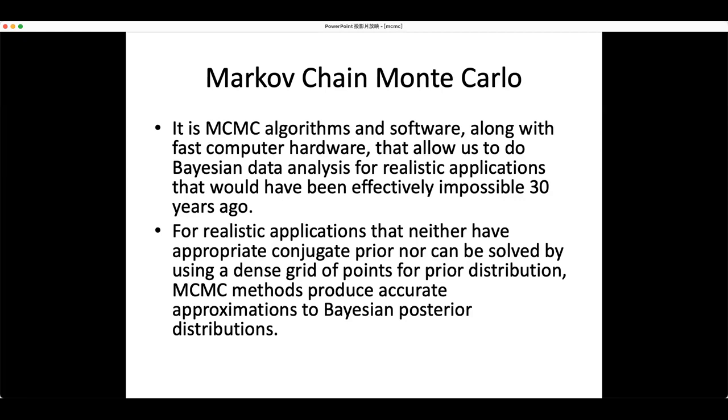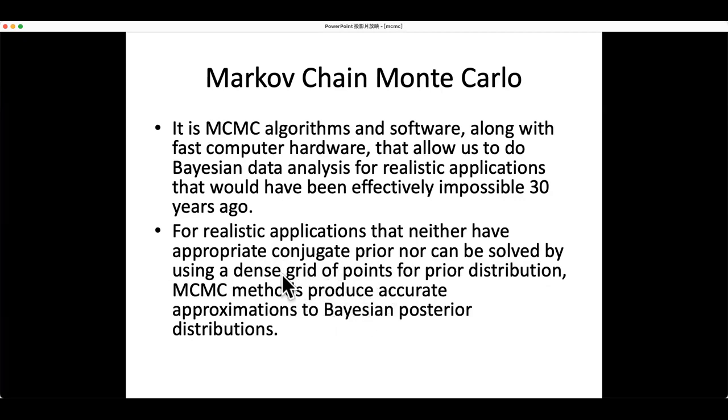So for realistic applications that neither have an appropriate conjugate prior, nor can be solved using a dense grid of points for the prior distribution, MCMC methods produce accurate approximations to the Bayesian posterior distribution. So it is able to efficiently generate the posterior distribution. Notice my word, efficiently.